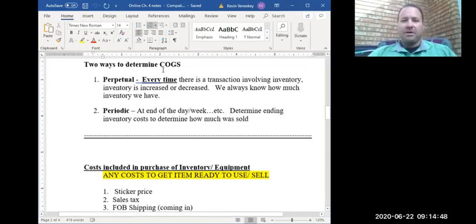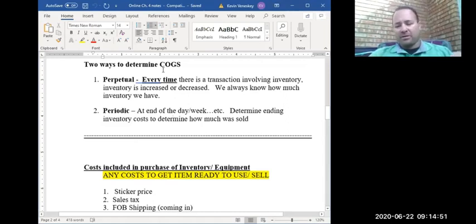So the periodic, you're basically, and this is what we're gonna do a little example of here in a few minutes, you're gonna add up in a little separate ledger, how much inventory did you buy? How much did you start with? How much extra little costs came in the way, like shipping, or did you have any returns? And then you're gonna count up how much do you have left after all of that.